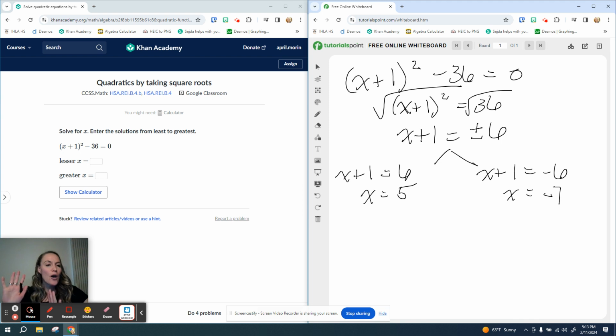So my lesser x is negative 7 and my greater x is 5. In the previous square, things worked out a little bit nicer, where we had a positive value and a negative value of the same value. But now we have this extra step of having two equations and solving for both equations. So a little bit more complicated, not so bad yet.